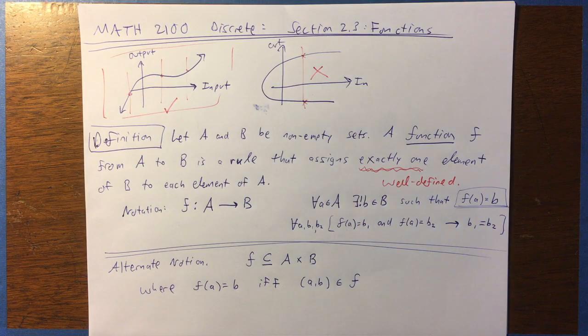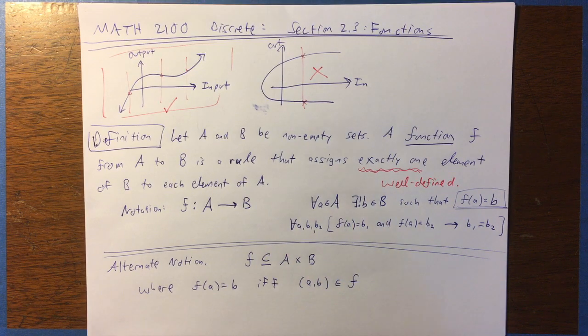This is basically the reason why a section about functions exists in a chapter about sets. It's because technically you can think of a function as a set. It is some subset of the Cartesian product of A and B, which we're going to introduce vocabulary for in the next video.